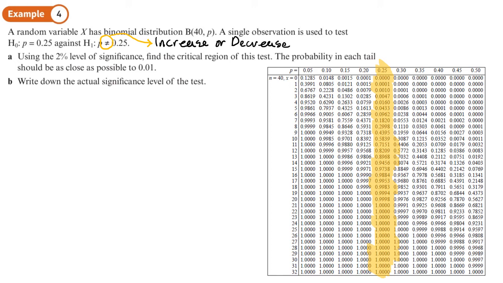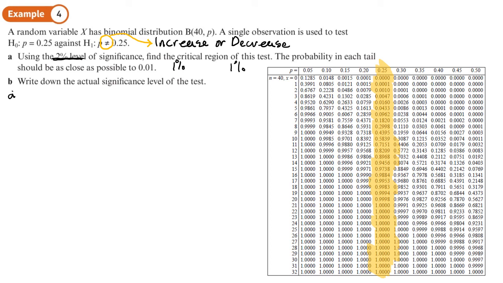We're looking for at what values of x do we decide something's changed, and we're going to find those values. Now it says 2% level of significance, but when we do a two-tailed test, basically that significance level gets split in half and we look at 1% at either end.